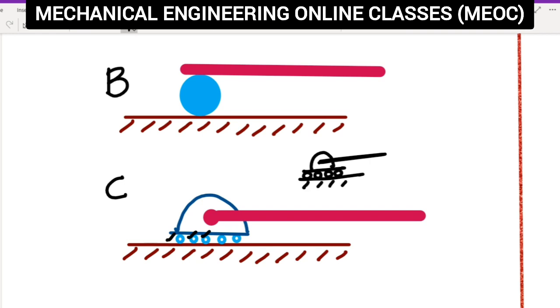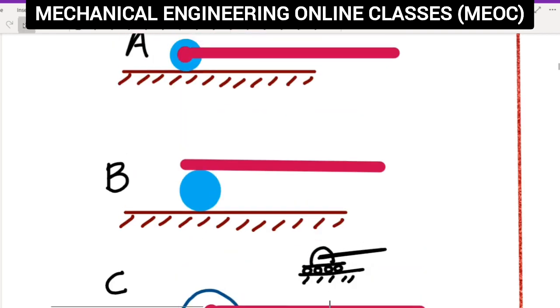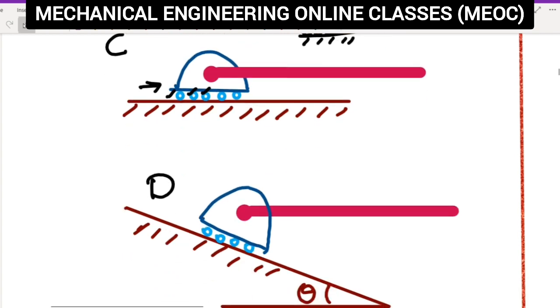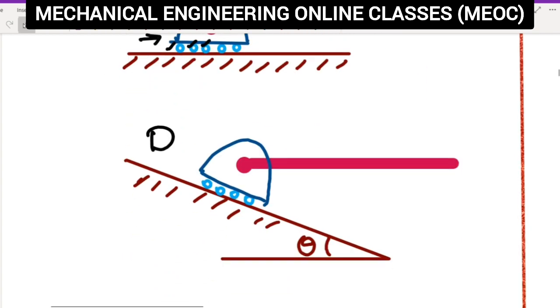This is also one of the representations of a roller. Here only one wheel is shown, here also only one wheel is shown, but it might be a set of wheels also, like in this particular case. These are all different representations of rollers, and here the rolling is happening on an inclined plane. So this particular object is free to roll along the inclined plane.